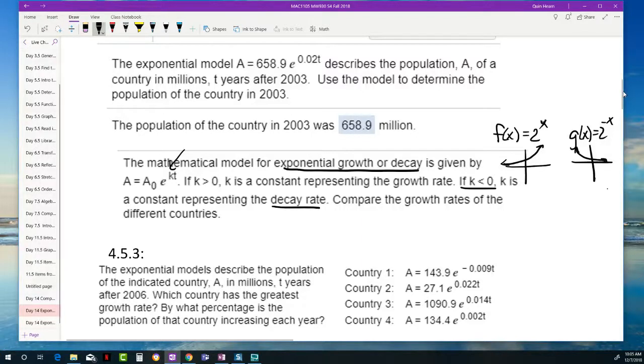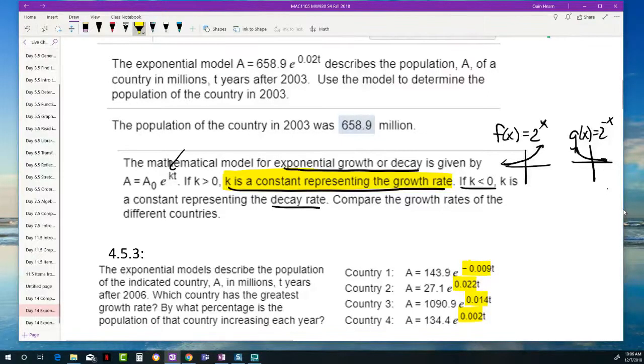All right, so k is your growth rate. So what they're really asking us is just what's the biggest coefficient of t? What's the biggest number here? So we have several growth rates. We have negative 0.009, we have 0.002, we have 0.014, and 0.022.